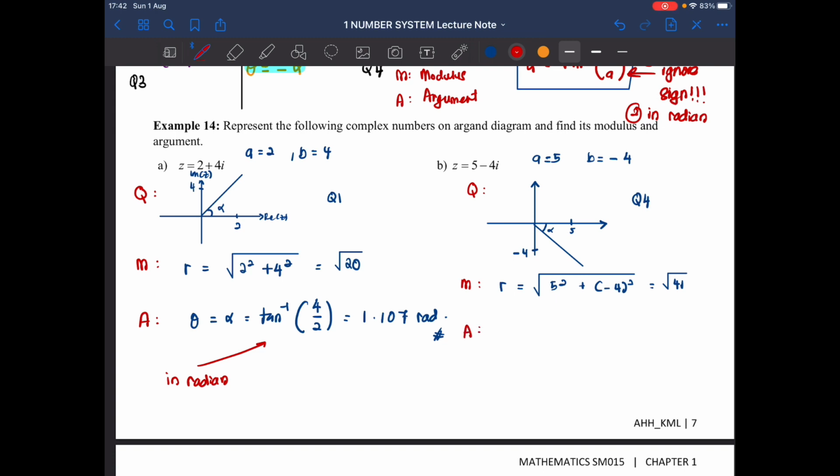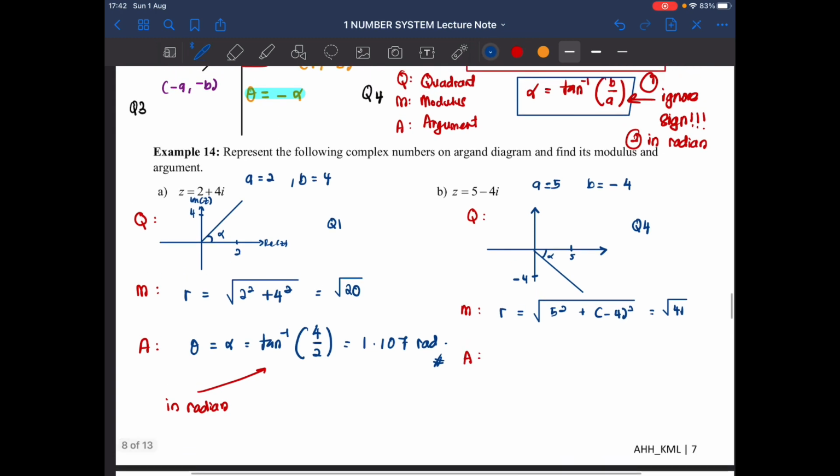And then the next part is to find the argument. But first you have to find your alpha. So alpha is here, inverse tangent B over A. But make sure to ignore the sign, because here our B is negative 4. So we have alpha is equal to inverse tangent 4 over 5. Press the calculator, we will get 0.6747 radians. For any answer, make sure it is in 4 significant figures.